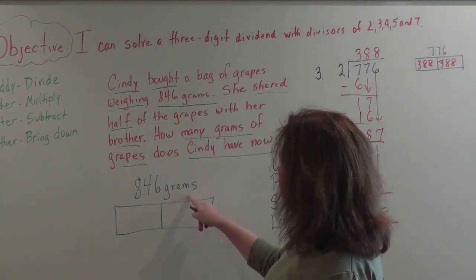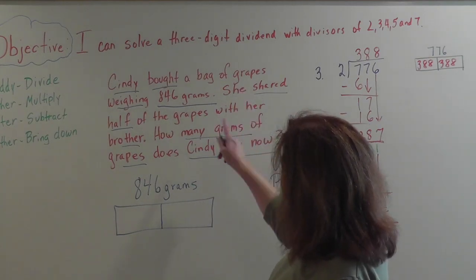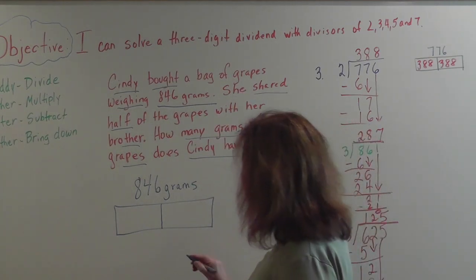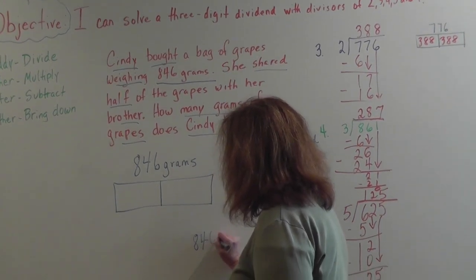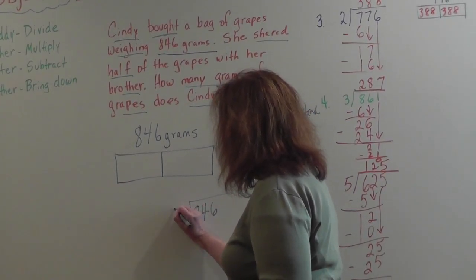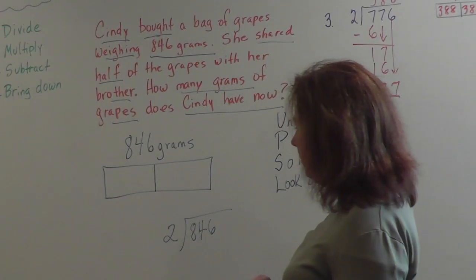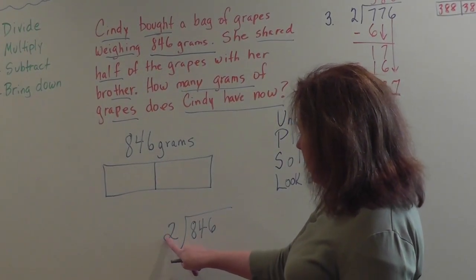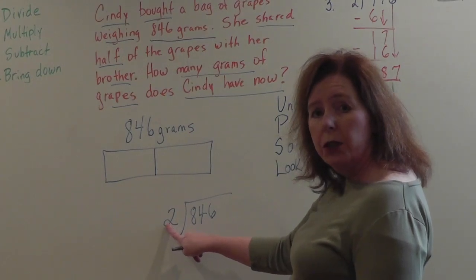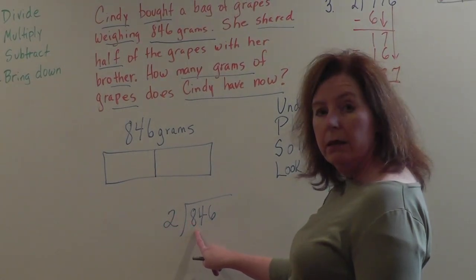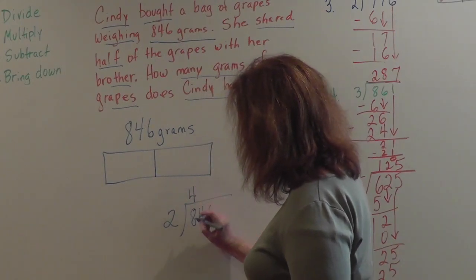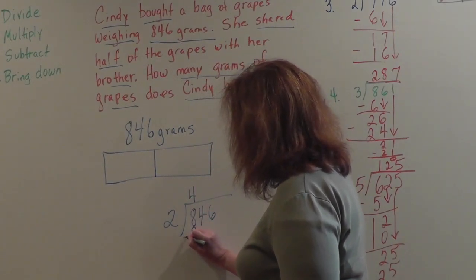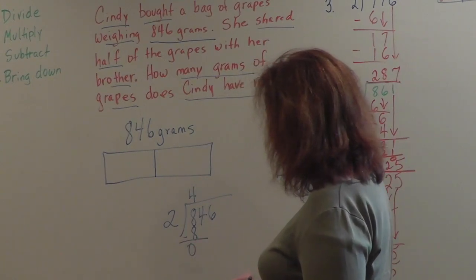Okay, so I know I need to divide, so I'm going to divide 846 by 2. Okay, so I think, how many times can 2 go into 8? Well, I know 2 times 4 is 8, so I'll go 2 times 4 is 8. I subtract, I get 0.